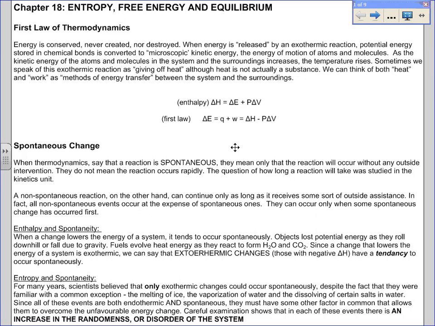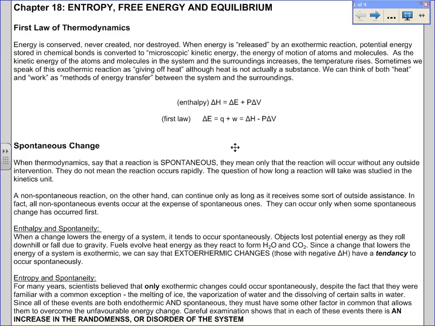The other thing that we need to consider when we look at spontaneity is entropy. Our first investigation of the idea of entropy came from the fact that there are processes that occur spontaneously that are also endothermic, and this was curious to scientists.